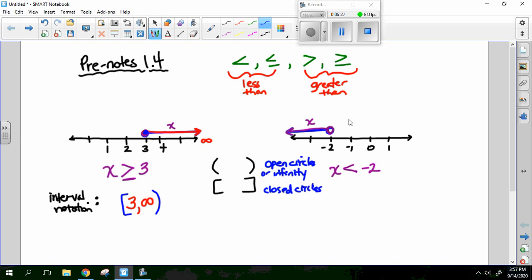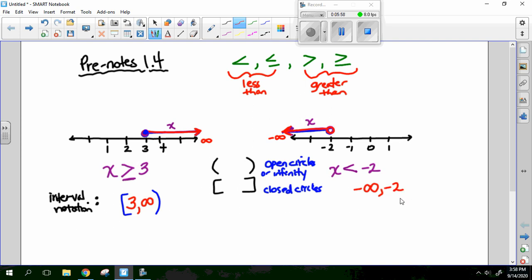For the second one, again, you're looking at these from left to right. The left of this graph is an arrow pointing to the left, the negative numbers forever and ever. So it's really pointing to negative infinity. So this interval starts at negative infinity, and then we follow the graph to the right until we get to an open circle over -2.